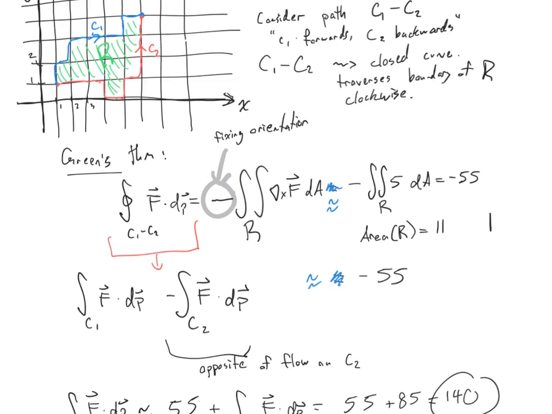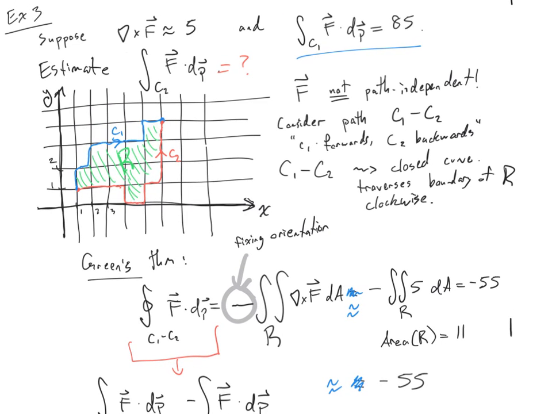So just to recap, because this will be the last problem for today, because f has 5 curl, what that's telling you is that the flow along C1 being 85 and the flow along C2 are not going to be equal, but they differ by how much additional flow you have to have on this region R. And so if you imagine that R is tethered right here in the middle, we expect R to be rotating counterclockwise because of this 5, right?